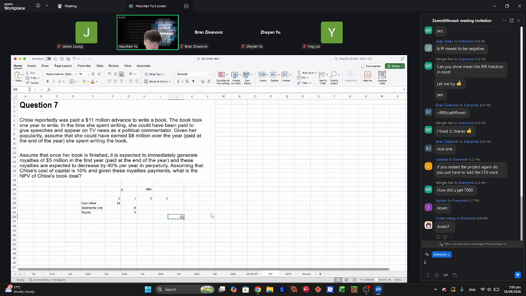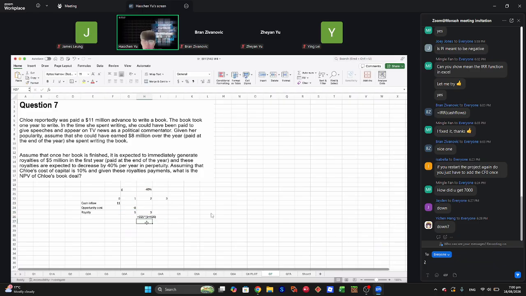Then it means we can just treat this part as another growth perpetuity. And if it's a growth perpetuity, we can apply the formula of growth perpetuity. So this is also another tricky part. If that's the case, then I will be able to know the value of the royalty in the second year, which should be 5 million times 1 plus a negative growth rate.